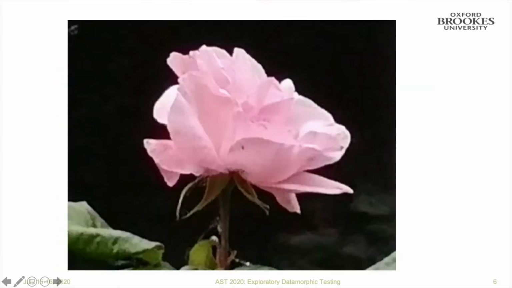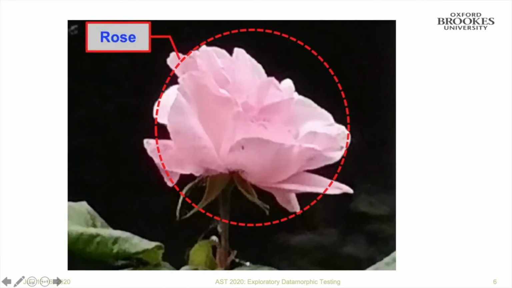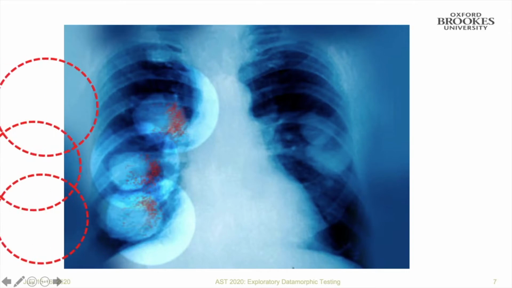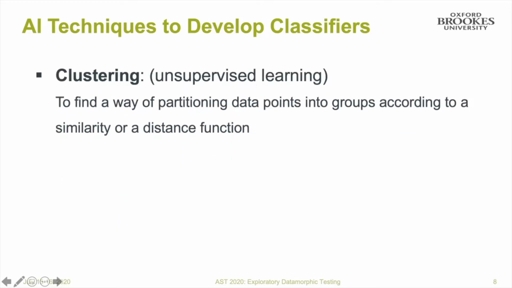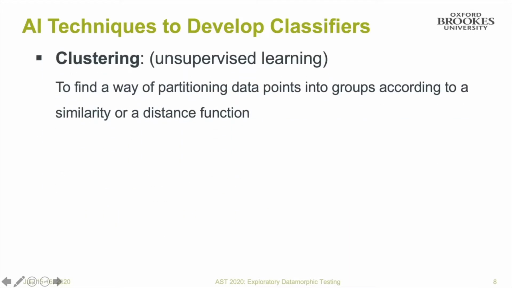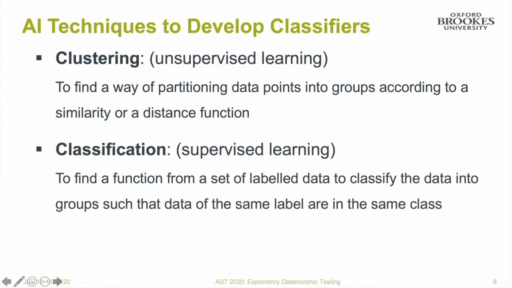Such applications are widely used in computer applications such as face recognition, object recognition, disease diagnosis, and so on. A number of AI techniques have been applied to develop this kind of classification systems. For example, clustering, which is unsupervised learning, and classification as a supervised learning.